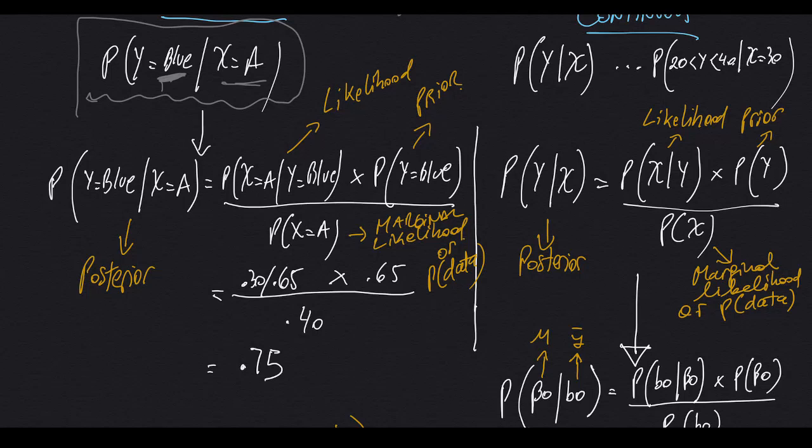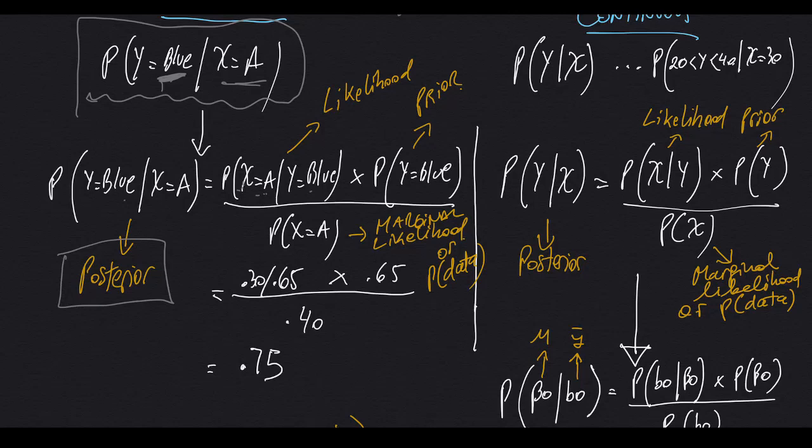The Bayes theorem has what we call the posterior distribution, which is what we are interested in: what's the probability that y equals blue, given that we know that x equals A? That is given by the opposite conditional probability, the probability of x equals A, given y is blue.